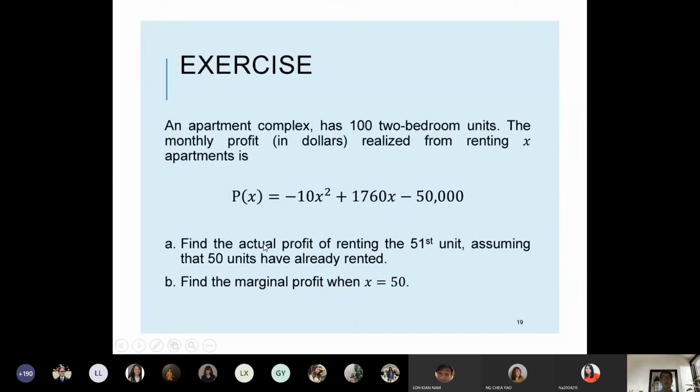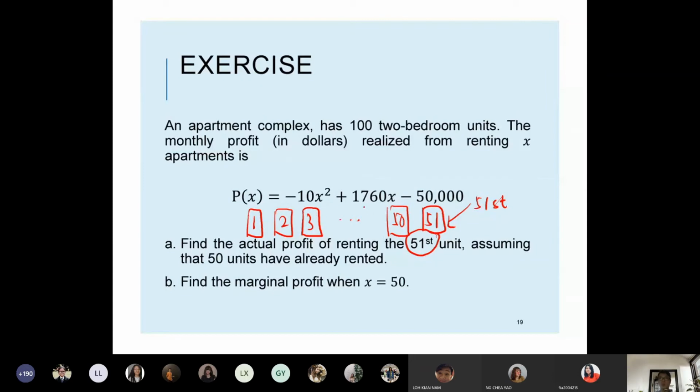Now we need to find the actual profit of renting the 51st unit. Take note, this is the 51st. So let's say this is the first unit, the second unit, the third unit. We are talking about one unit here, the 51st unit.